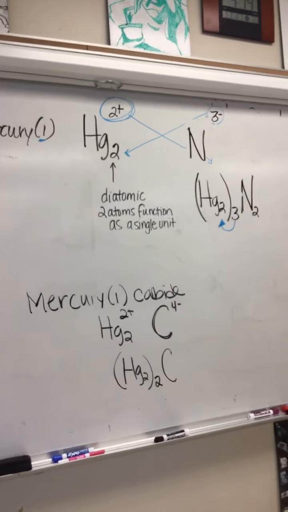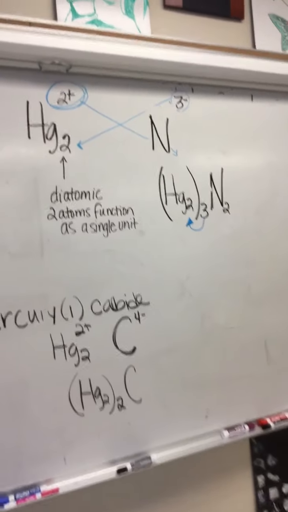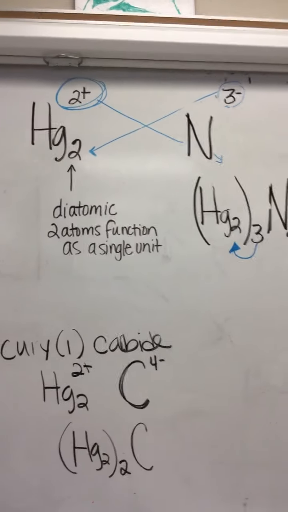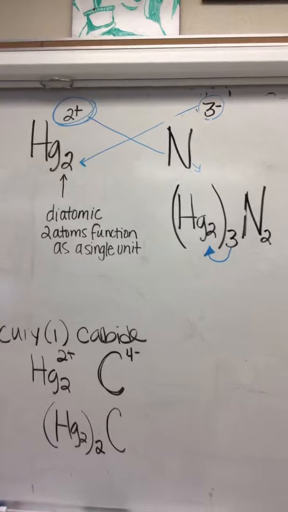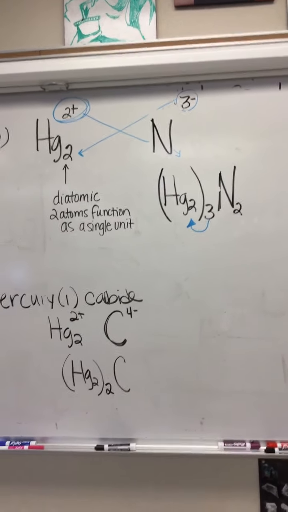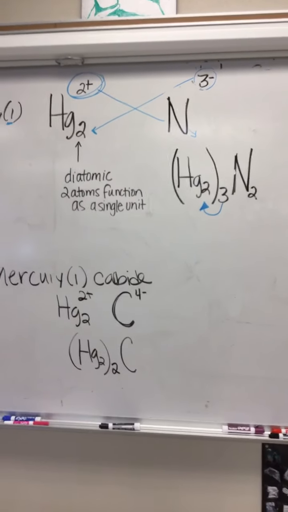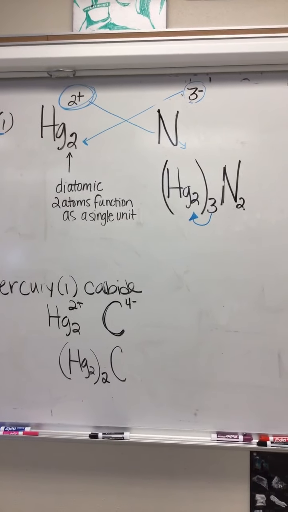So today we learned that we can still create any kind of ionic compound using something such as mercury 1. And we will still use the crisscross method, which I've outlined for you in blue up there. But in the case of mercury 1, you'll notice right here, we need to have 3 of the mercury 1s to balance out.